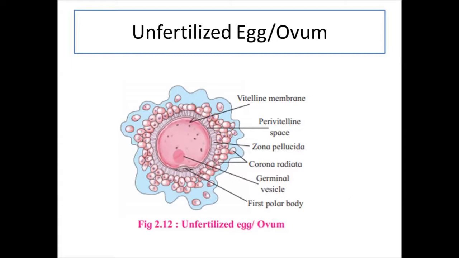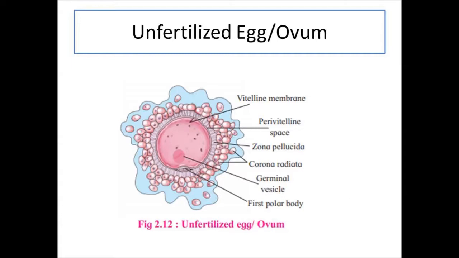That's why it is called ooplasm. This egg is surrounded by various coverings. Here is the diagram of the unfertilized egg or ovum, surrounded by various membranes or coverings.